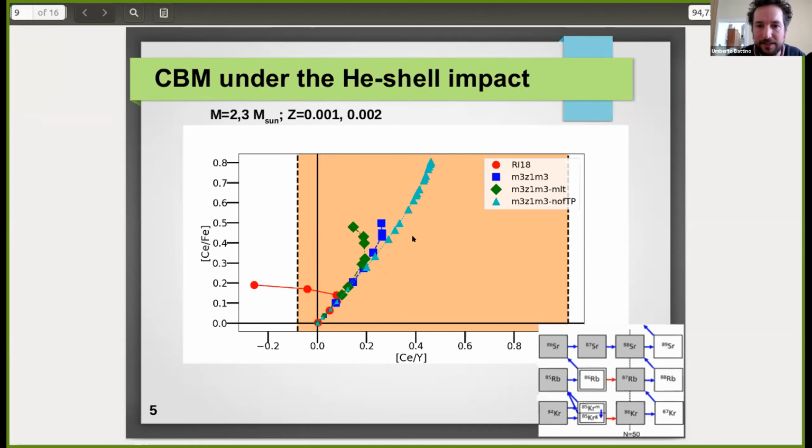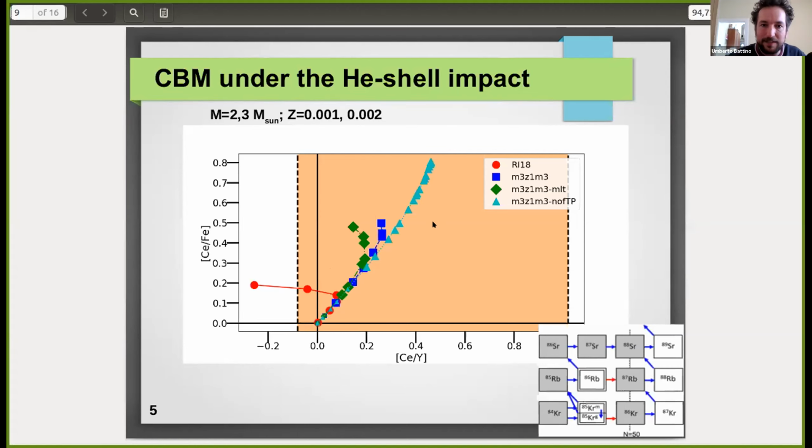All these models are basically the same, except for the different treatment of the convective boundary mixing under the thermal pulse. The red one is the model by Rita 2018 with a little bit of convective boundary mixing there.